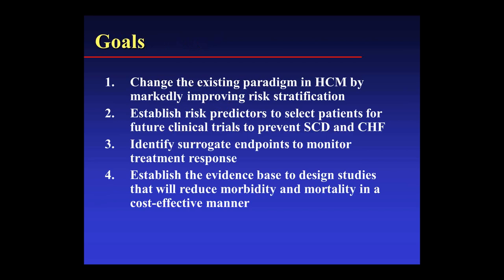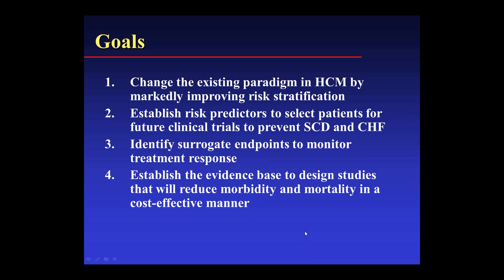Number three is to identify novel surrogate endpoints to monitor treatment response, whether they be imaging, biomarkers, or genetics. And number four is to establish the definitive evidence base to be able to design studies that will reduce morbidity and mortality in HCM in a cost-effective manner in the future.